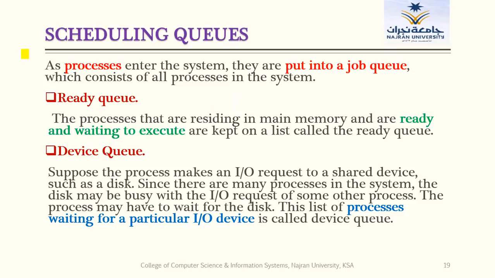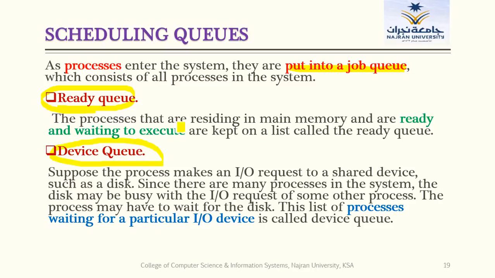Whenever a process enters the system, it is put into a job queue, which consists of all the processes in the system. We have 2 important queues in our system: first is the ready queue, second is the device queue.